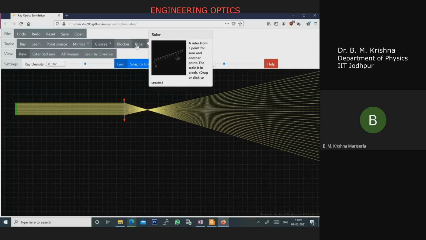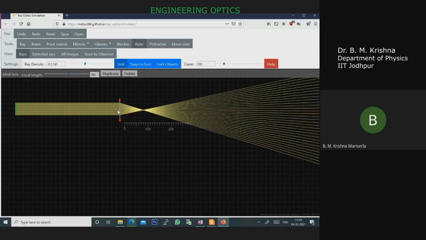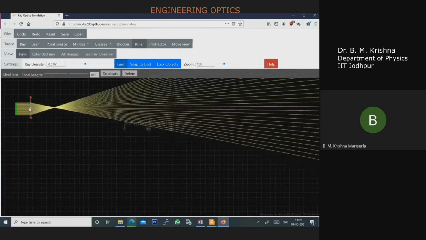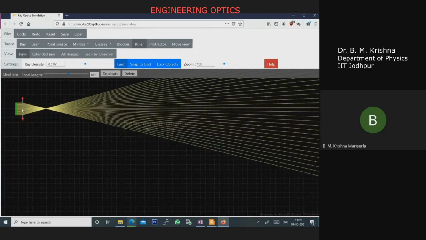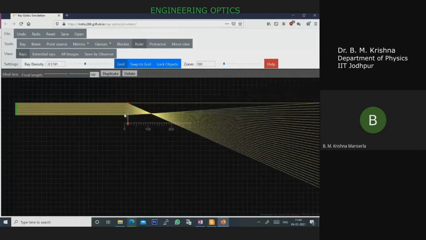Actually, you can take the ruler, and you will know the distance from the focus. Now as you change the position of the lens, you will see how the divergence of the beam changes.